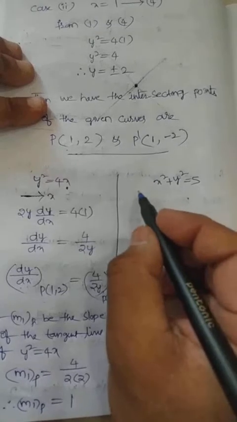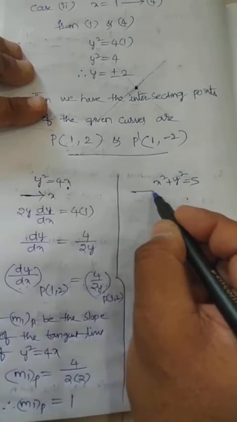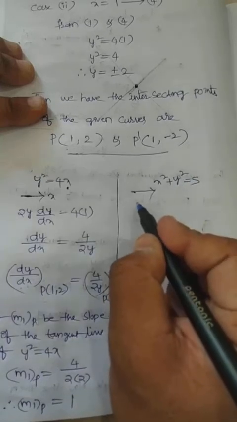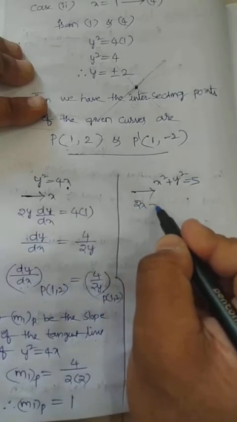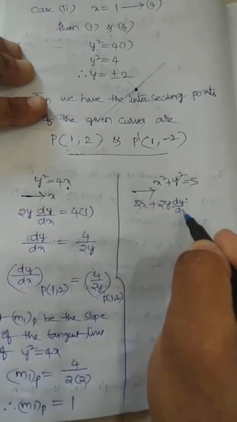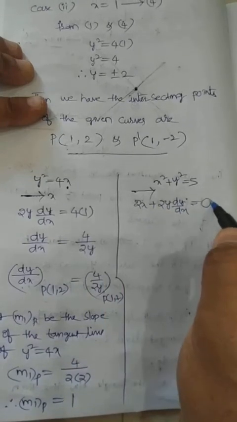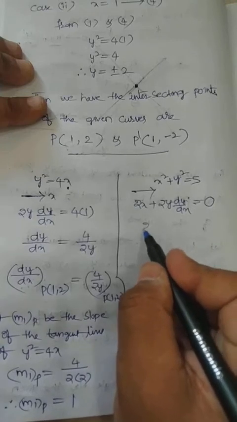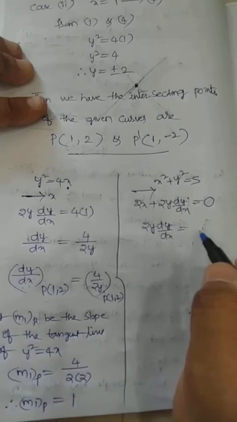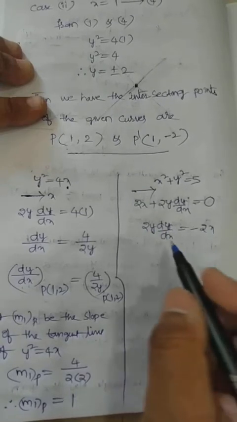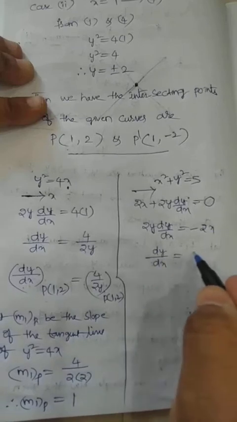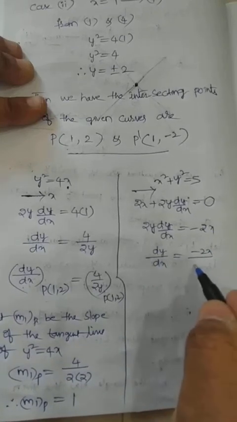In a similar manner, I differentiate with respect to x on both sides for this curve also. So I get 2x plus 2y into dy by dx equals the derivative of the constant, which is 0. So 2y into dy by dx equals minus 2x. So dy by dx equals minus 2x by 2y.